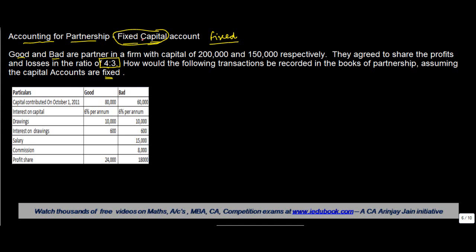Given that we have a fixed capital account, we'll have two accounts for each of the partners. So we will have Good's capital account and Good's current account.